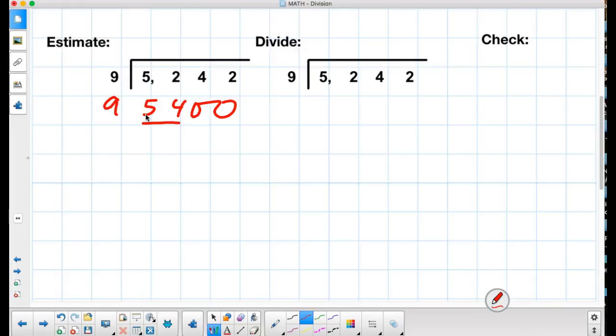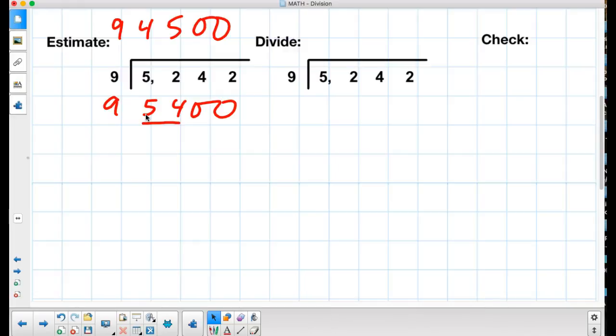Okay, what's the one below it? Right, 45. So here, we're using times 5. Here we're using times 6. Which one's closer? What's the better estimate?